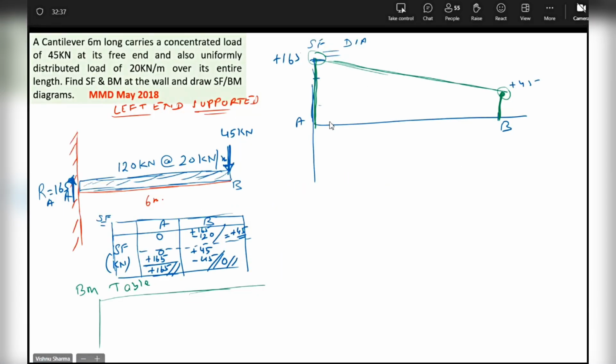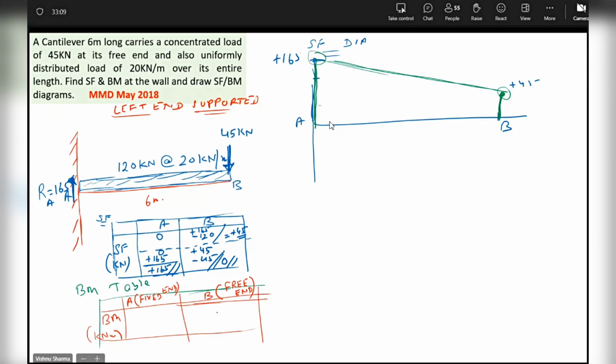Okay. So we don't have to take any extra point. But now here you need to exercise care. BM will be in kilonewton meter. Now, guys, you'll have to be very, very careful. A is the fixed end, to avoid errors. B is the free end.